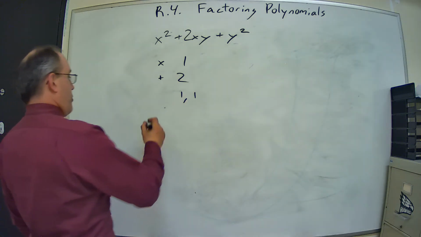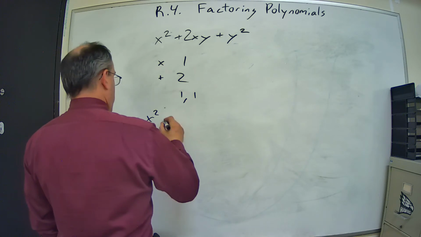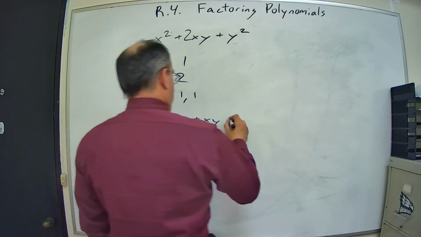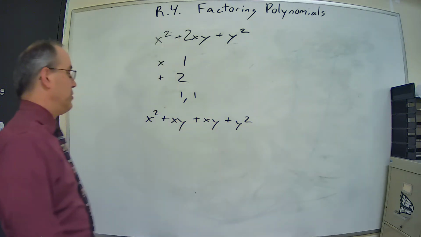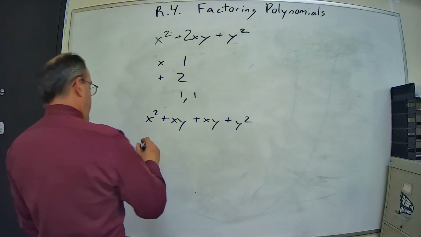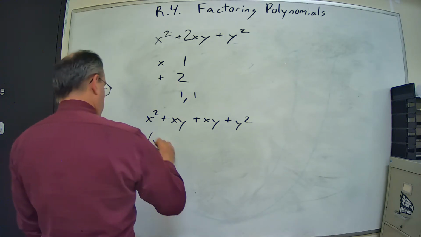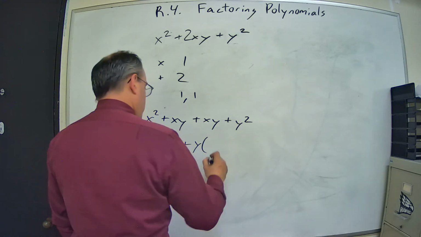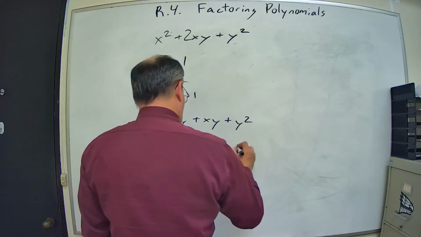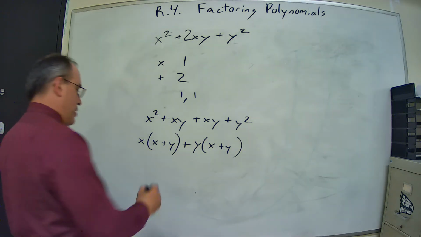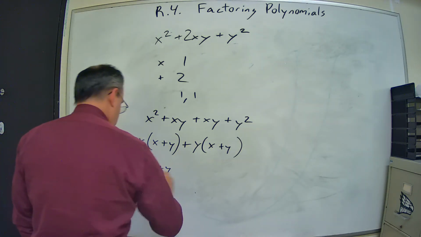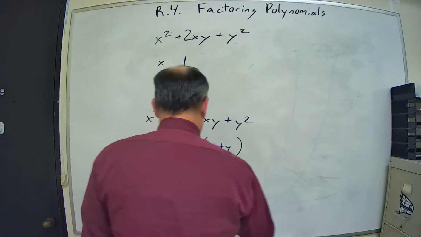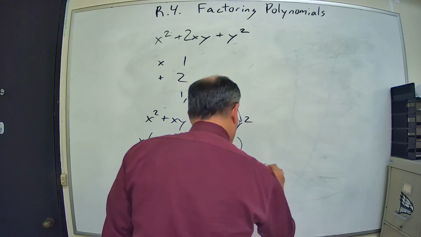So factoring by grouping, we can make it x squared plus xy plus xy plus y squared. Pull out an x, x times x plus y. Pull out a y, y times x plus y. Common factor of x plus y times x plus y, which can be written as x plus y squared.